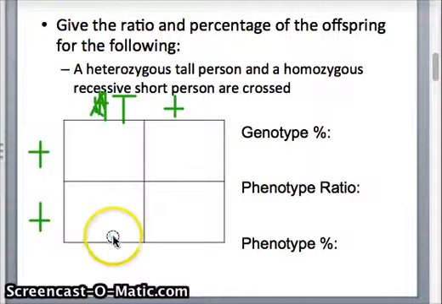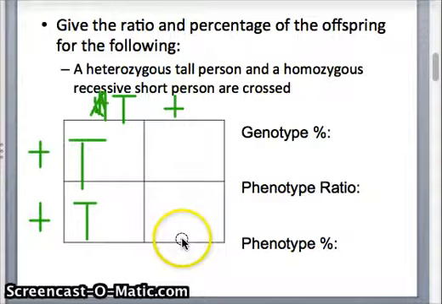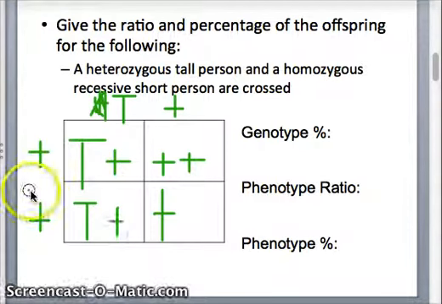So this big T is going to go in both of these boxes because there's a big T above it. A little t is going to go in both of these boxes because there's a little t above them. And then the little t is going to go across these boxes, and this little t is going to go across this box.